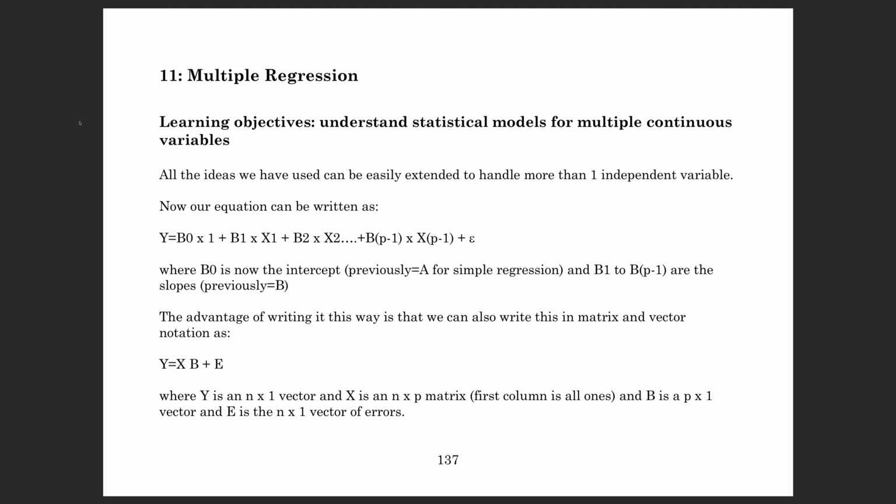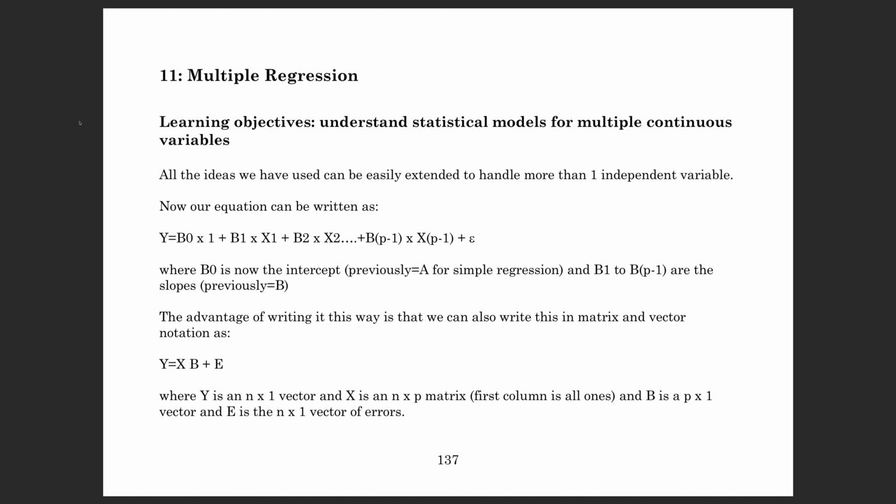Then we've got the column of x1 values, the column of x2 values, up to the column of x(p-1) values. And a vector is just a simple case of a matrix that only has one dimension. So it's basically a column of numbers. So y is an n by 1 vector. So it has n values, y1 to yn, which correspond to our n data values.